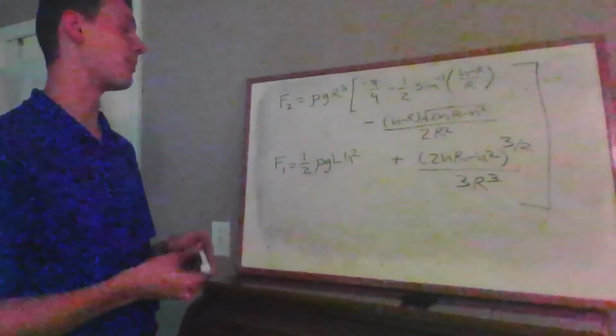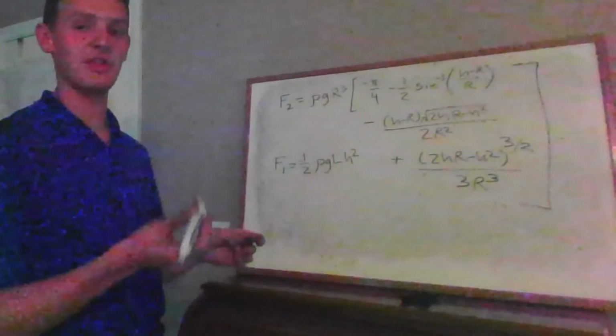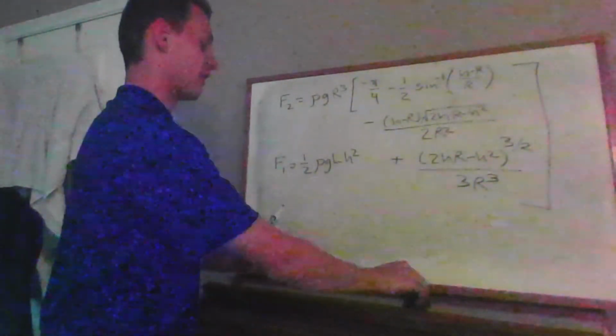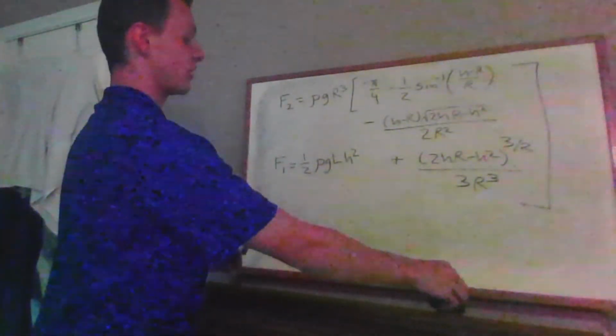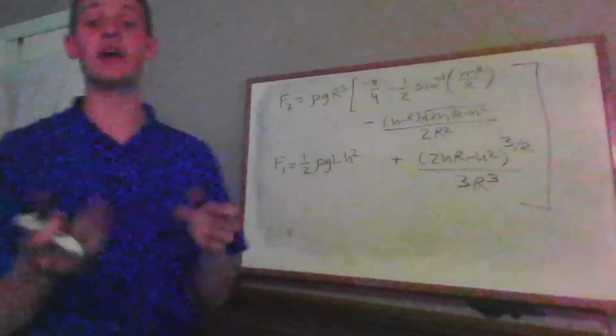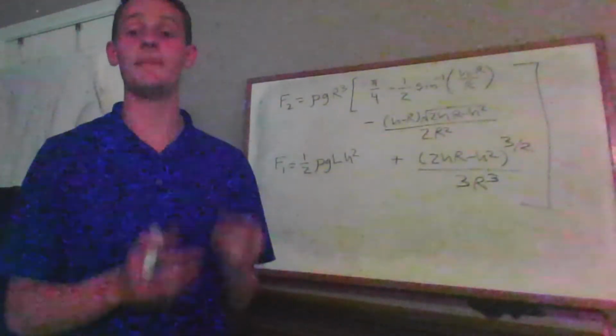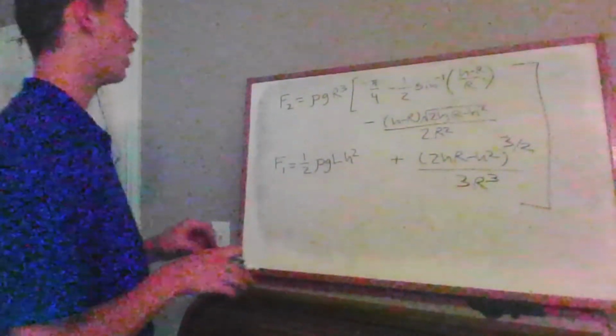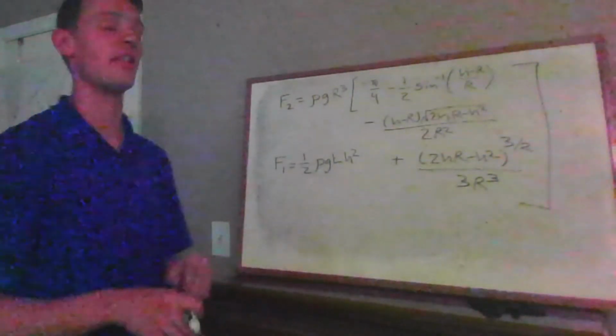So we went with the polar coordinates there with all the thetas, and that was the d theta that we had in our integrals. So we had to express a lot of our terms in terms of theta so that we could do the integration to add up all the forces exerted by our fluid on that end cap.